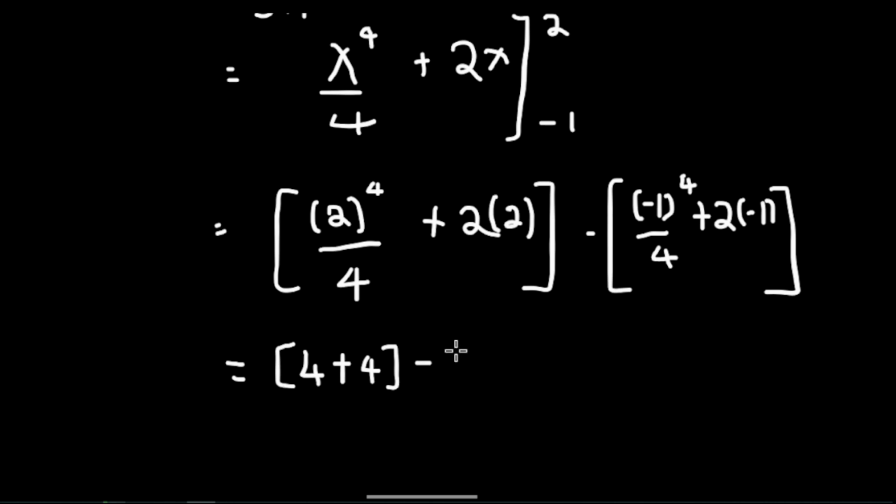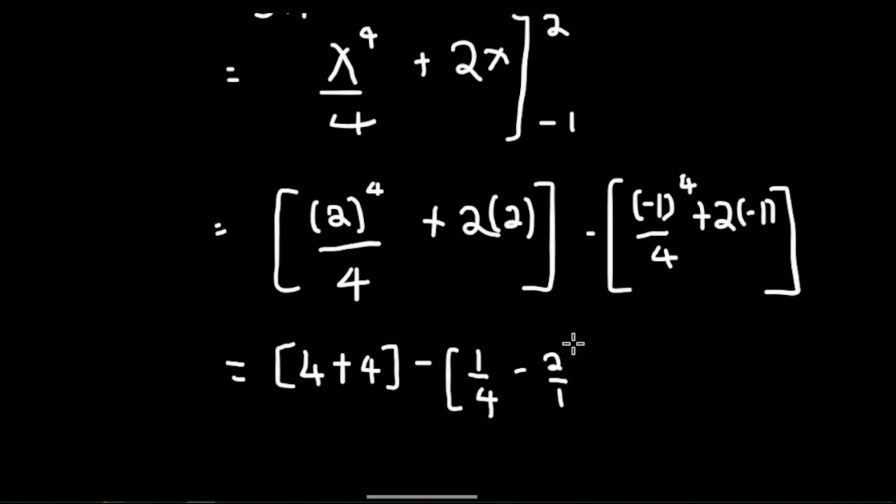And then that will be minus, and on this side -1 raised to the power 4 is 1, and here we're going to have 1 over 4, and then that will become minus 2 over 1.